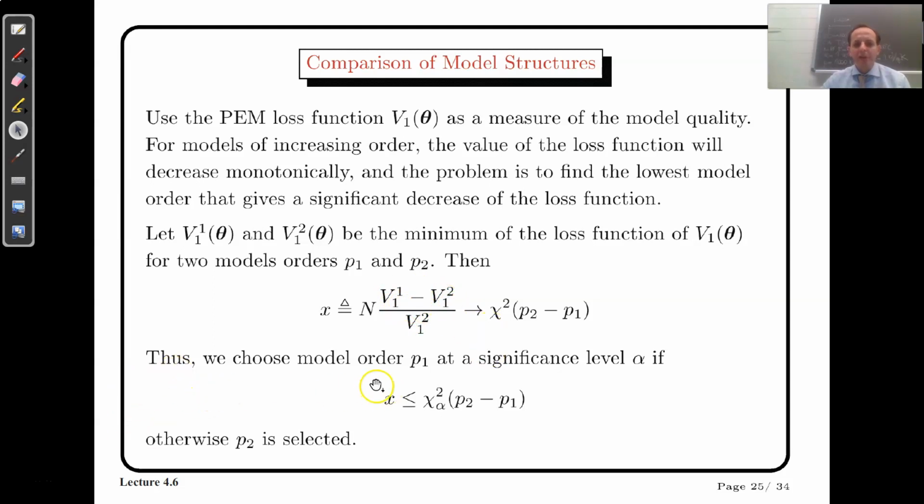Then we choose the model order P1 at the level alpha if the value of this variable is lower than the chi-squared distribution for the level alpha and P2 minus P1 degrees of freedom. Otherwise, P2 is selected. So this is another way for selecting the right model structure.